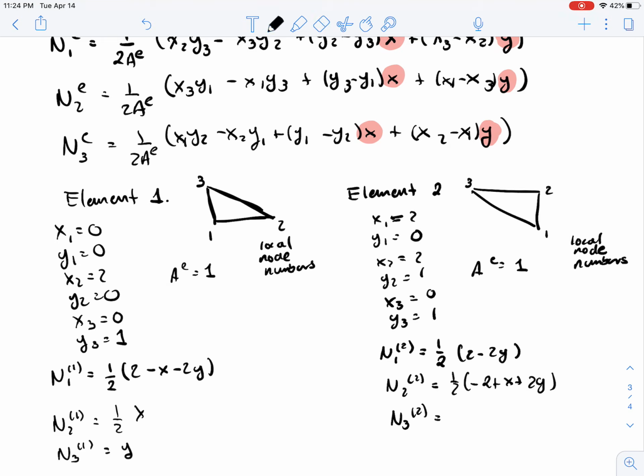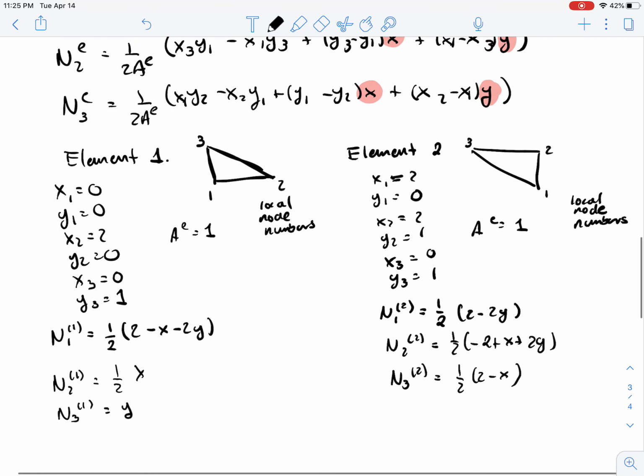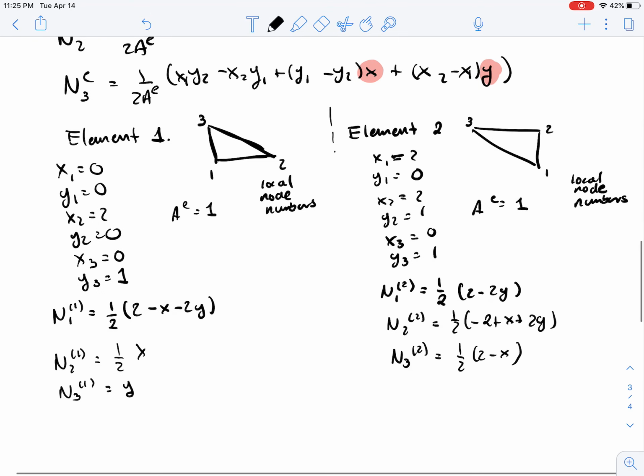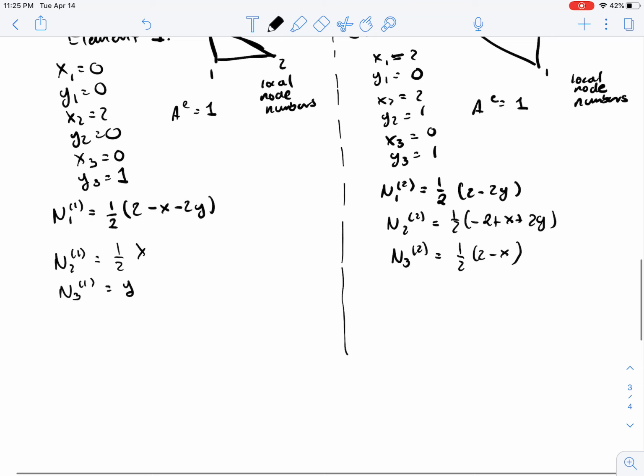And then shape function 3 for element 2 is going to be 1/2 (2 minus x). Again, just plug in values. Alright, so now we have the shape functions for element 1 and element 2, and we are going to need the derivatives. So I'm just going to write them. Let me make a little bit of a separation here.